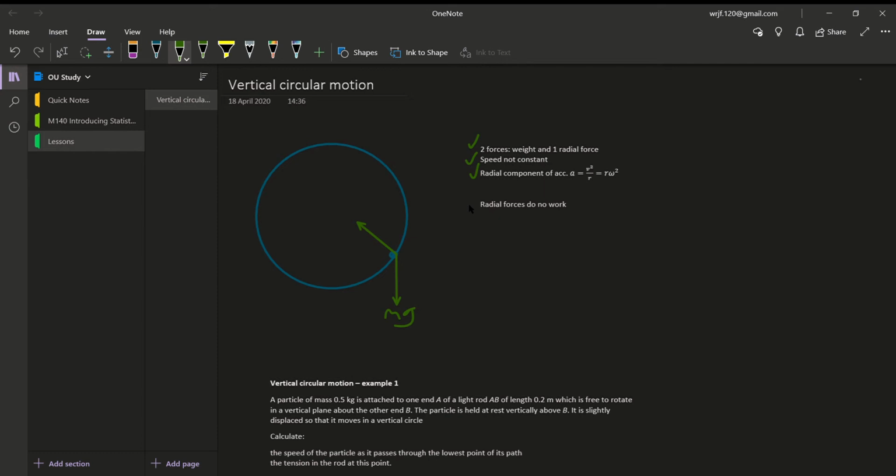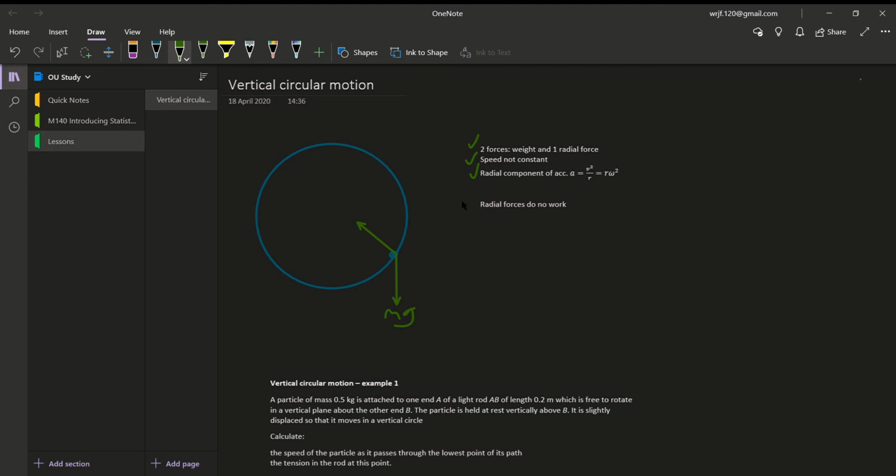We can do that because of this restriction on the number of forces and the fact that radial forces do no work. So if the two forces are a weight and one radial one, the weight we can account for in our work-energy principle approach as just a change in gravitational potential energy, and we don't need to worry about any other form of work.